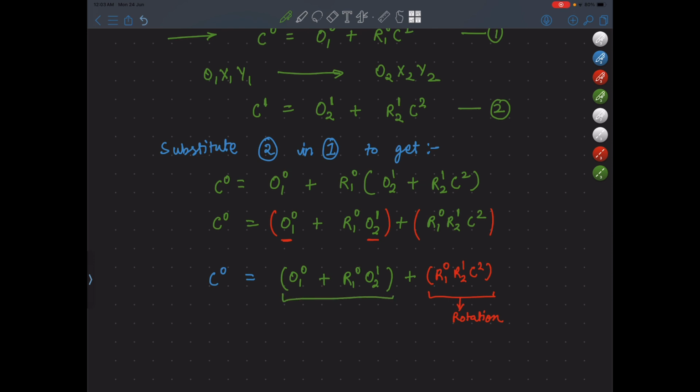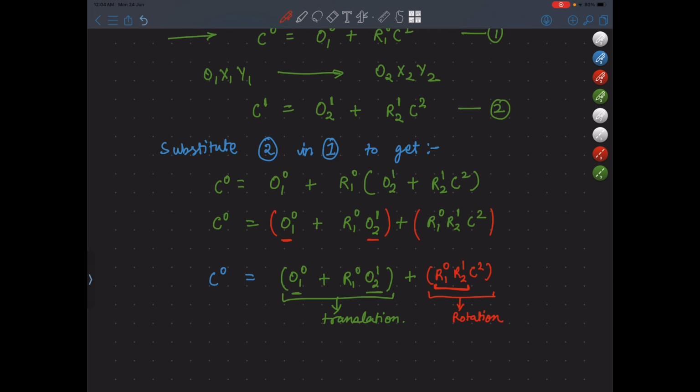What this expression is telling us is that if you have multiple successive transformations, you can always break them down into a single translation given by O1 naught plus R1 naught O21, plus a rotation part where the rotation matrix is R1 naught into R21. This expression tells us that.